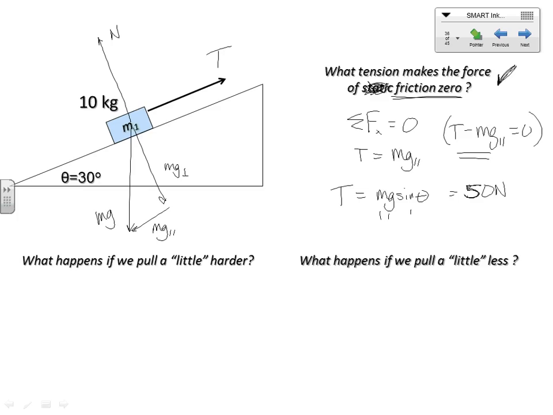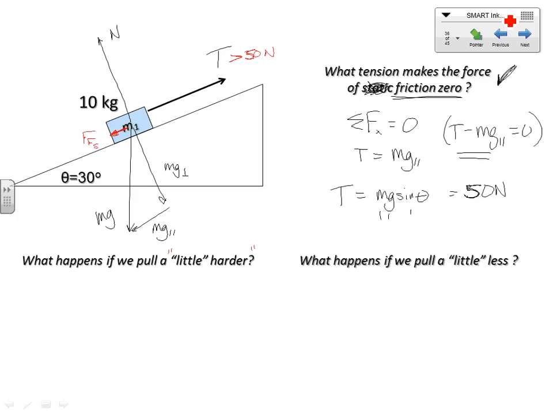If we pull a little bit harder than that, what's going to happen? So we pull a little bit more than 50 newtons. That's going to make a little bit of static friction force right there. Remember, we said static friction force can vary from 0 up to some maximum value. When we say a little harder, it's less than that maximum amount of static friction.